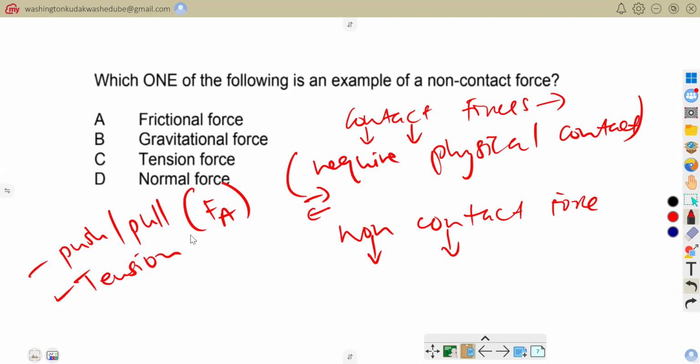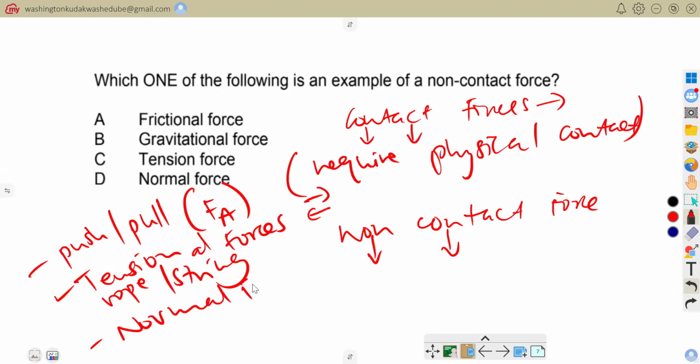The tension acts along a rope or a string. So this also requires physical contact. And then we have the normal force, and then the frictional force. These fall under contact forces.